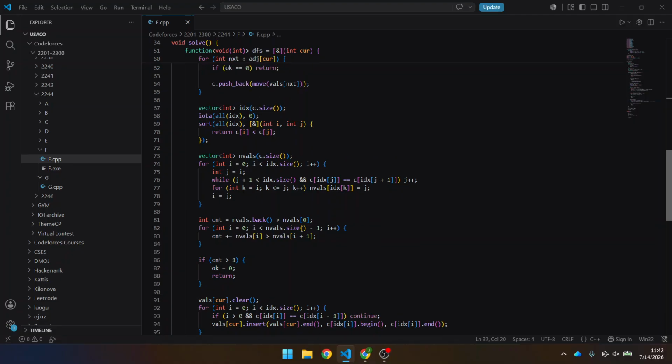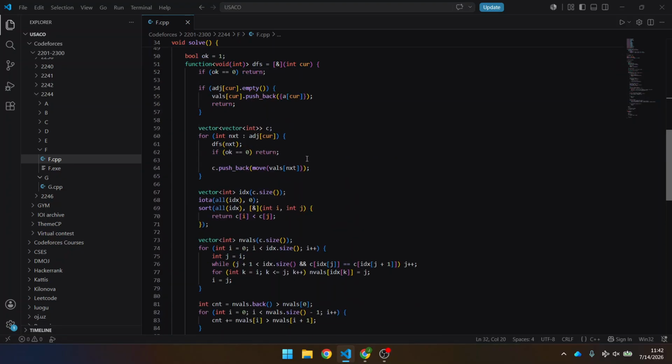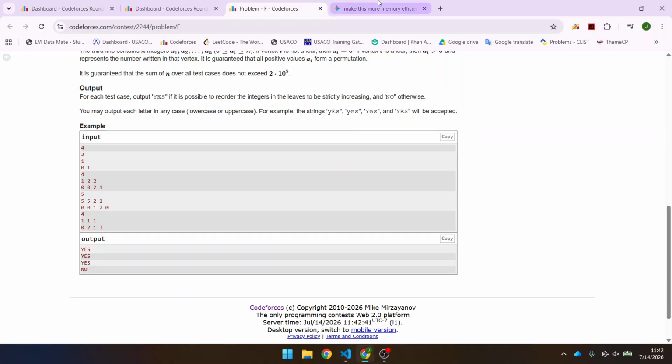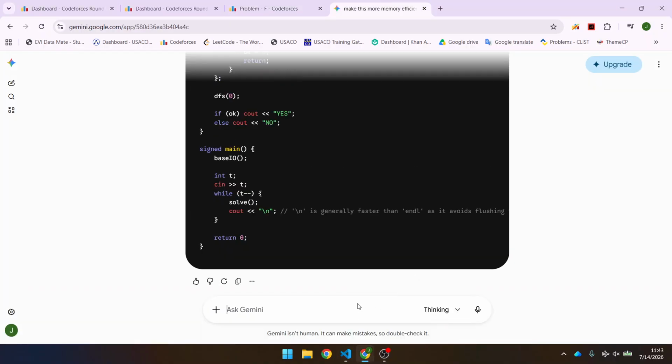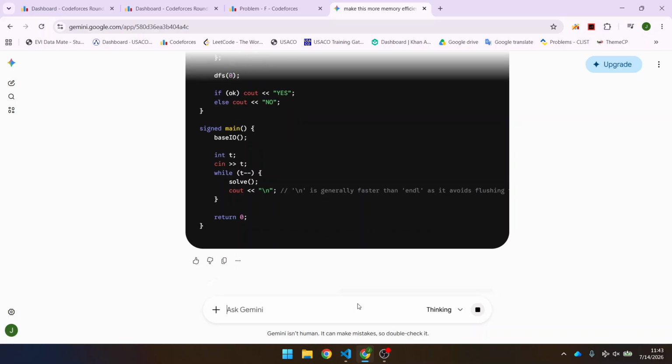Yeah, this is memory efficient, I think. Calculate the memory complexity of this code.